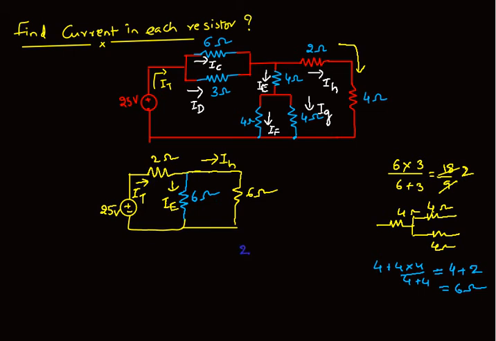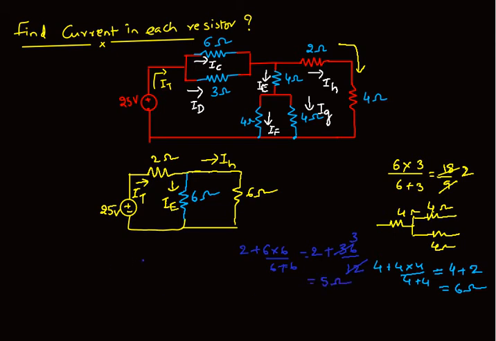So how can I write it: 2 plus 6 into 6 by 6 plus 6, that is 2 plus 36 by 12. So 12 3s are 36, so finally you will get a 5 ohm resistor.